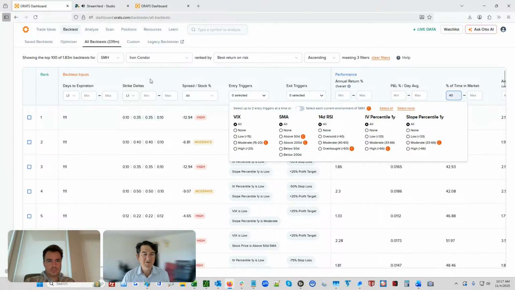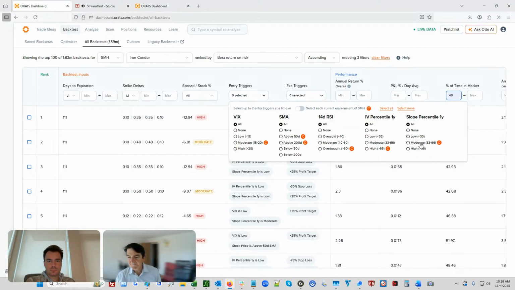Here is SMH, the semiconductor, where we only backtest in certain environments. So how does a certain strategy do when the IV percentile is high? Implied volatility has gone up, so we do a percentile over a year, and now it's in that 66% and above range. But we're talking more about the slope percentile.